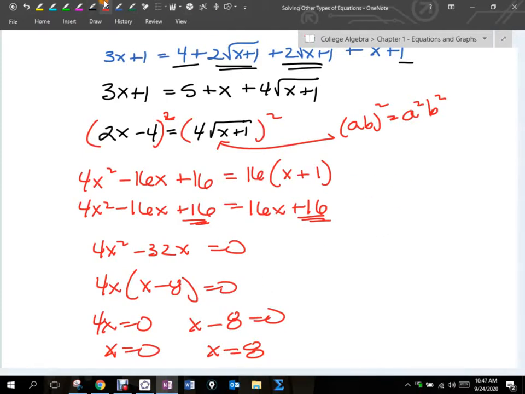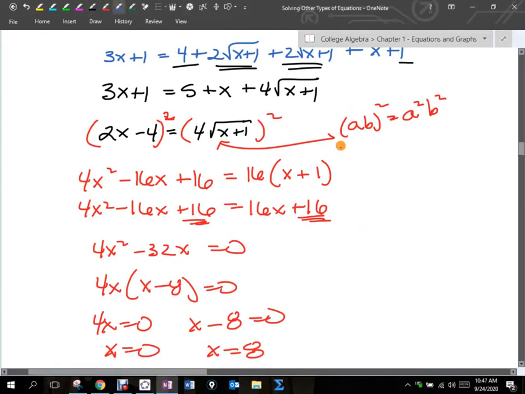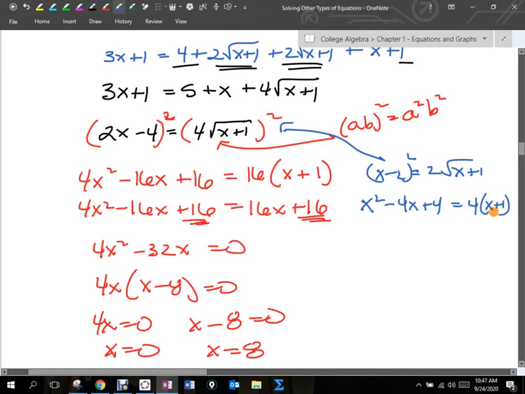Okay. Now, we do have a little bit of time here, so let me, at this stage, what if we did divide everything by 4? Oh, let's just divide everything by 2. So give me x minus 2 equals 2 times root x plus 1. If I square all that stuff, I get x squared minus 4x plus 4. On the right-hand side, I'm going to get 4 times x plus 1.